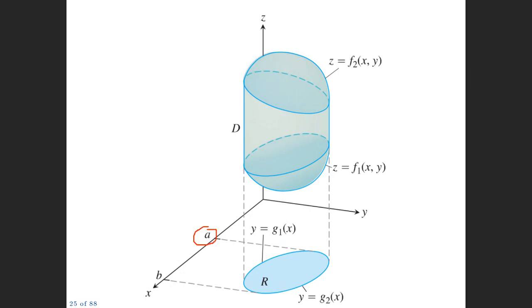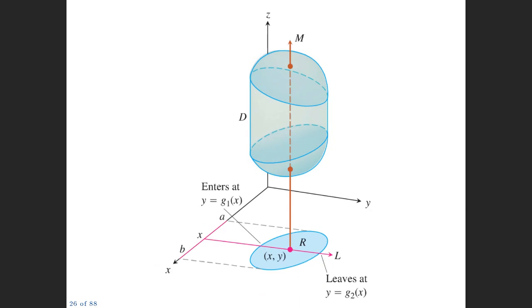X is going to be between A and B. Then we might ask, what are the possible values of y? So we draw a line which is parallel to the y-axis in the xy plane, and we ask, what are the biggest and smallest values of y on this line in the region R? In this case, it's g1 of x and g2 of x.